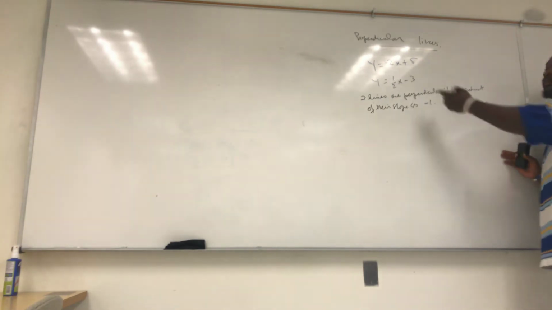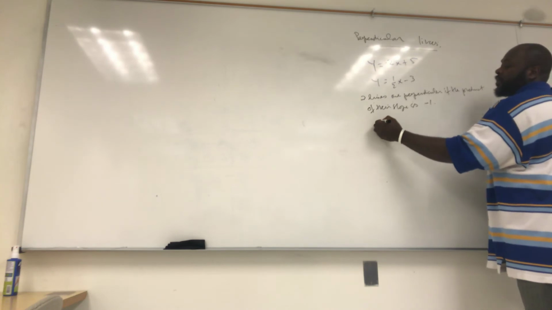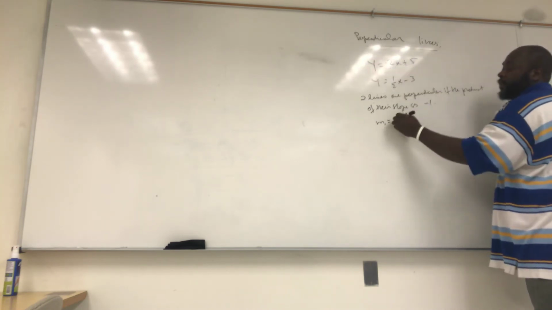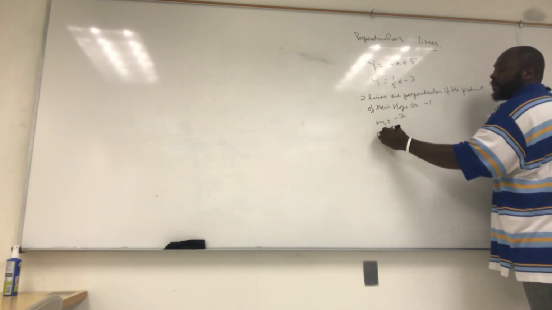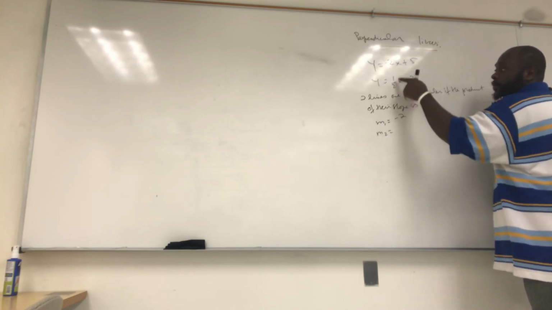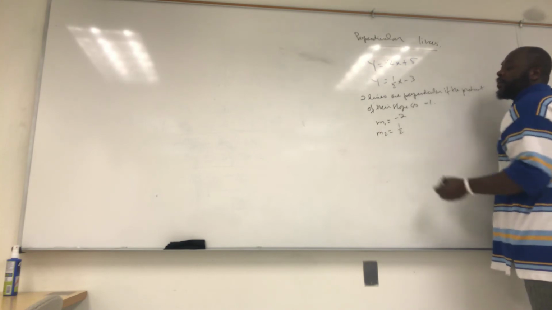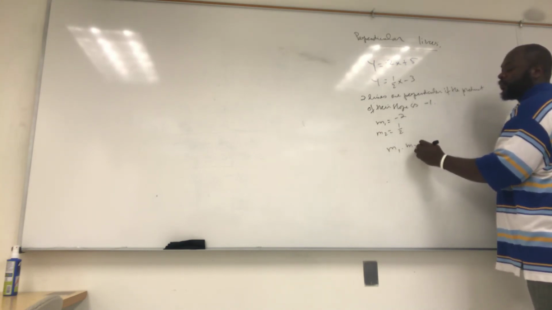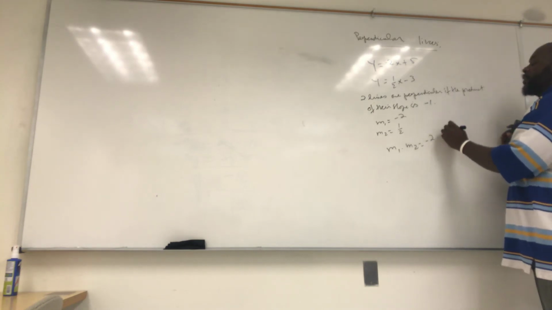So what's the slope of the first line here? Let's call the first line this one. What's the slope of that line? -2, right? What is the slope of the second line? 1/2. Negative 3? No, 1/2. Now, if you do m1 times m2, that is -2 times 1/2.